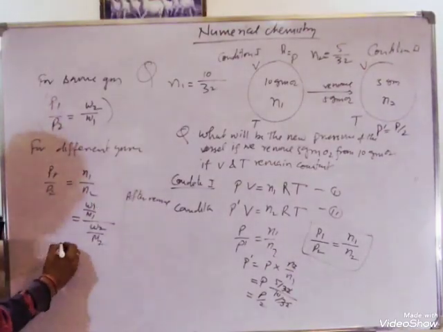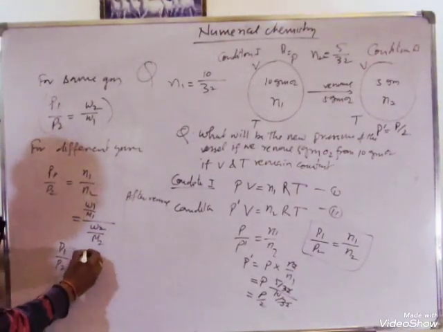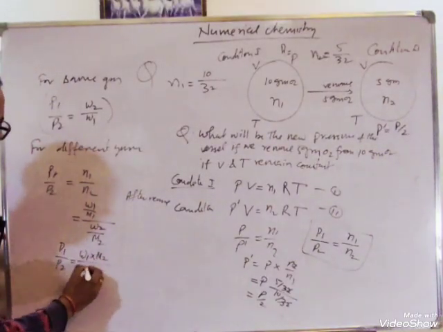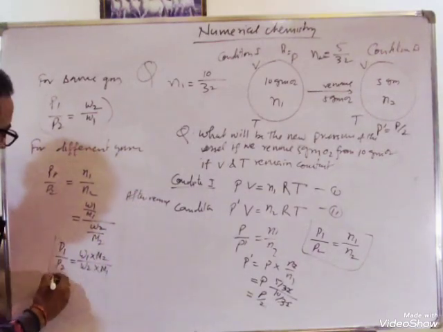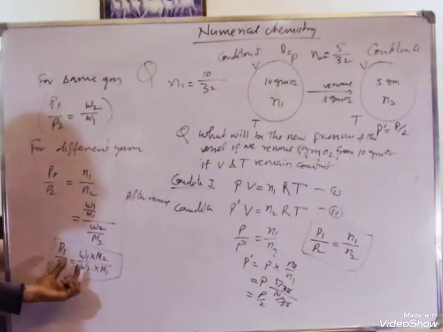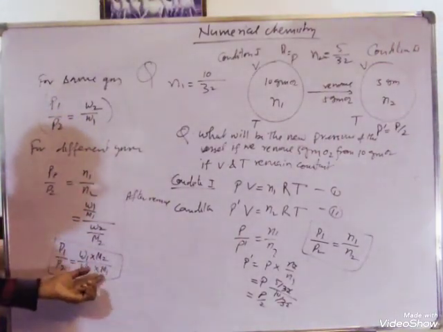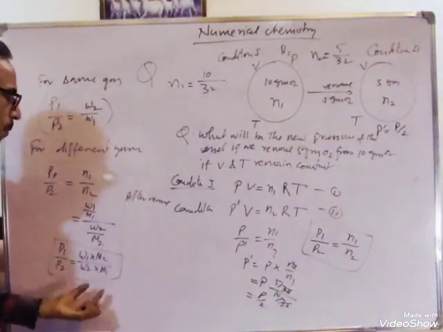So if you simplify, P1 by P2 equal to W1 into M2 divided by W2 into M1. You can apply this formula directly, and it is very easy to remember. If M1 equal to M2 for same gases, this will cancel. So remember this formula.